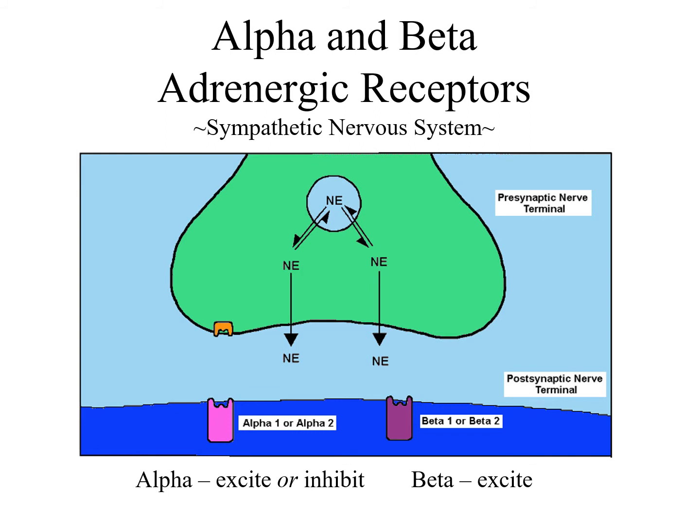You can see in this picture here we are looking at an axon terminal. And of course this is a synaptic cleft right here. And down below we have a postsynaptic neuron. So alpha receptors can either excite or inhibit cellular activity, whereas beta receptors typically excite. So think about this for a moment in terms of the big picture.